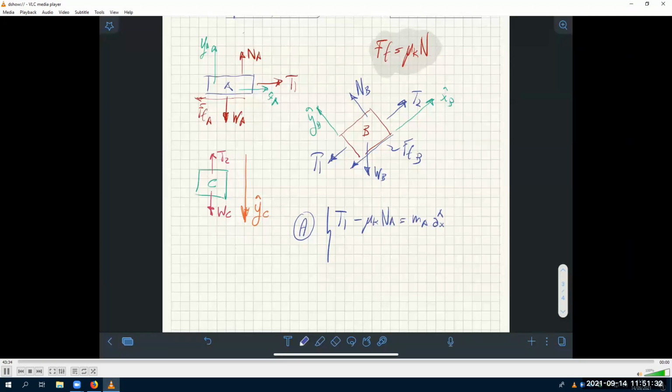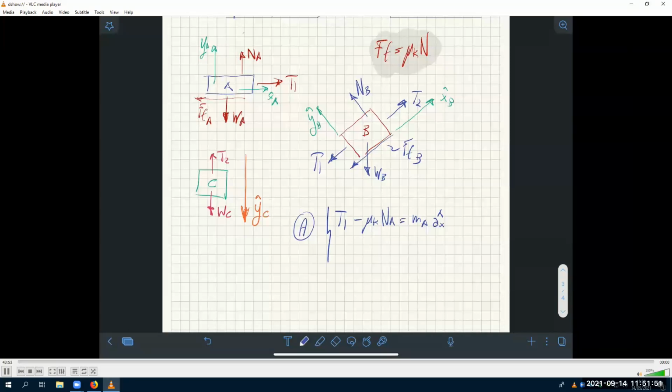What about in the y-axis? Well, in the y-axis, we know that this is not going anywhere. This is staying at the same height for the entire process. That means there is no speed in the vertical direction, and that means there is no acceleration in the vertical direction.